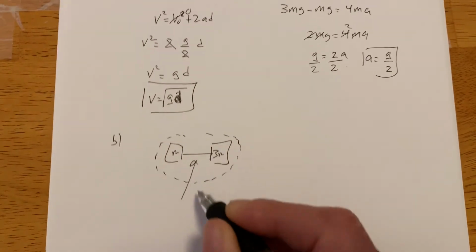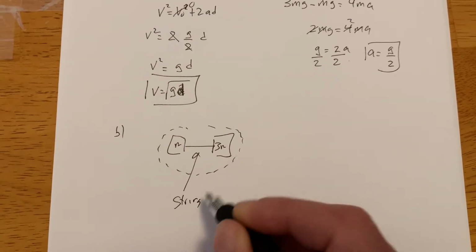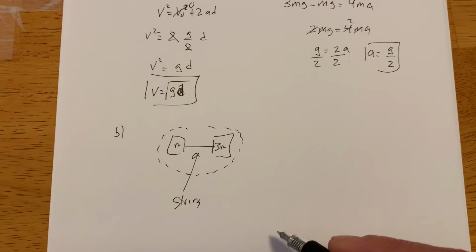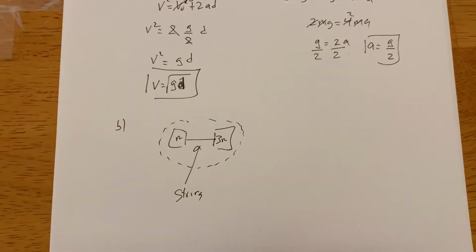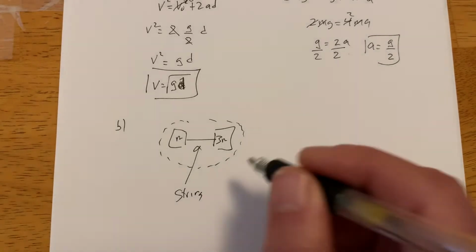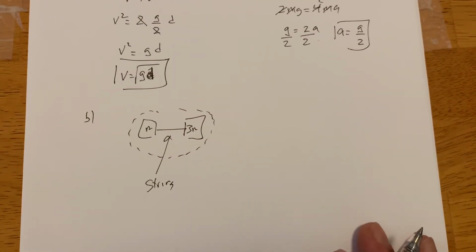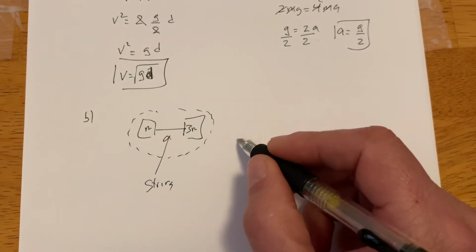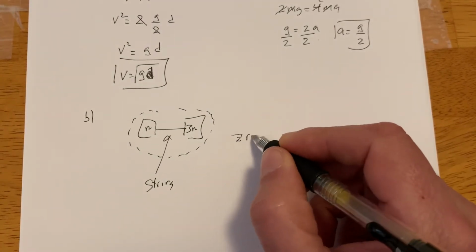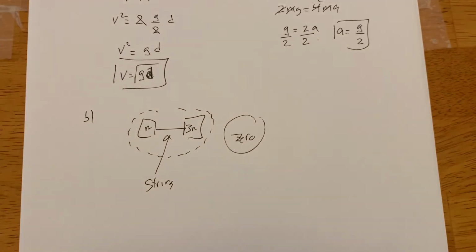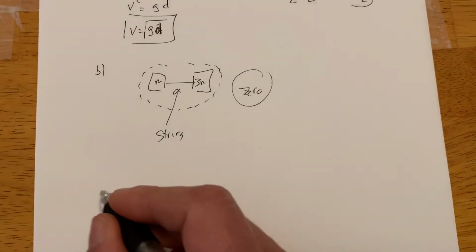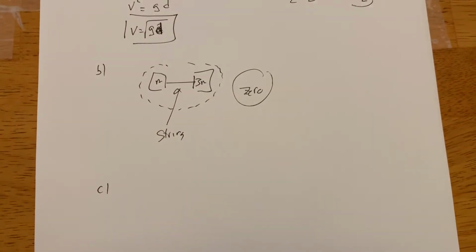The work done by the string, well, the string is in the system. So no work can be done on the system if it's already in it, and only forces outside the system can do work. So in this particular case, the work done by the string is a big fat 0. Great.